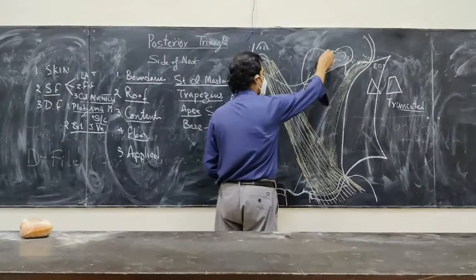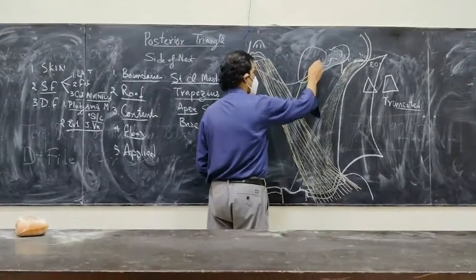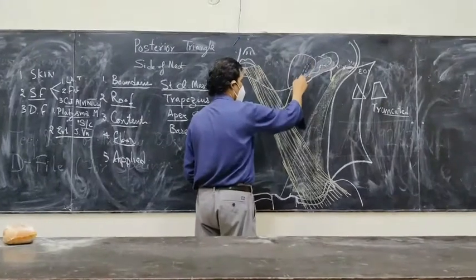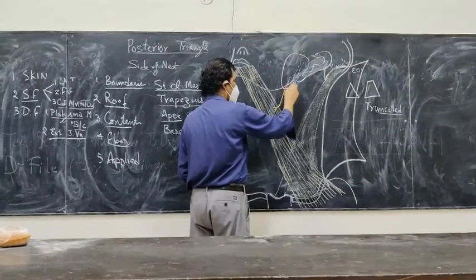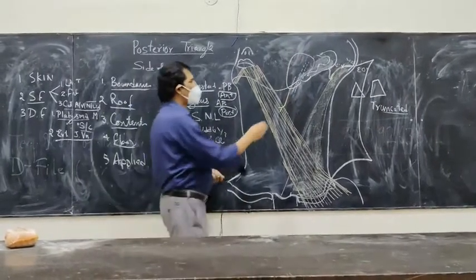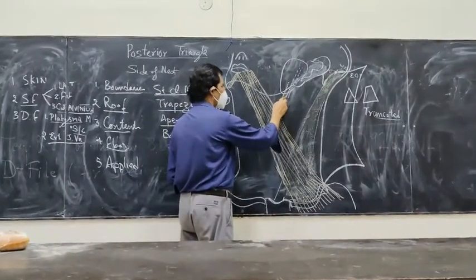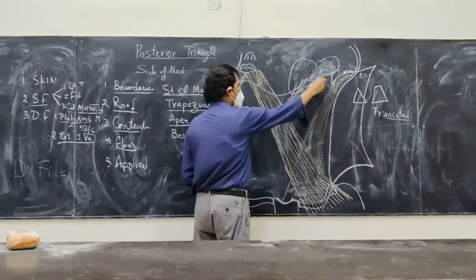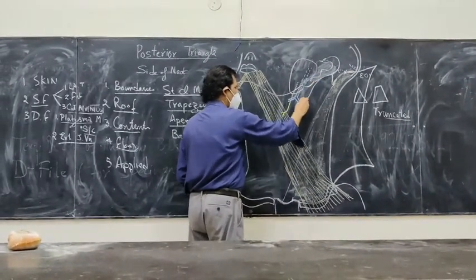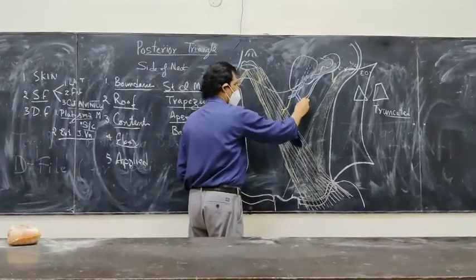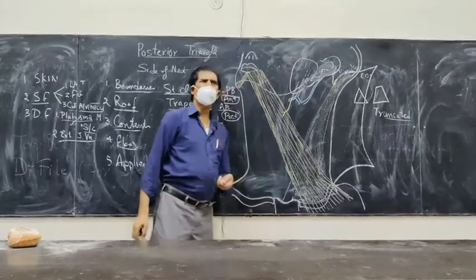We know there is a vein inside the parotid gland, the retromandibular vein. It comes out of the apex of the parotid gland and divides into anterior and posterior divisions. This posterior division will meet with a vein coming from behind the ear, called the posterior auricular vein.